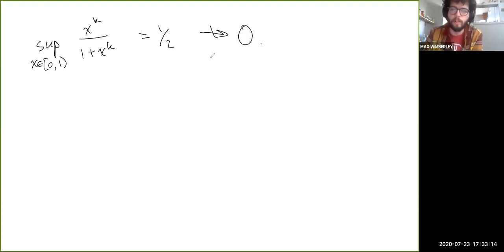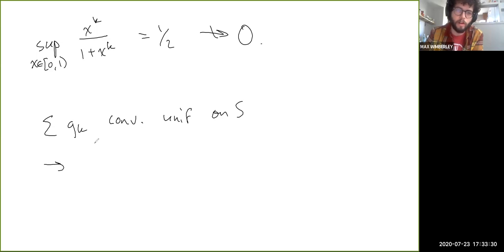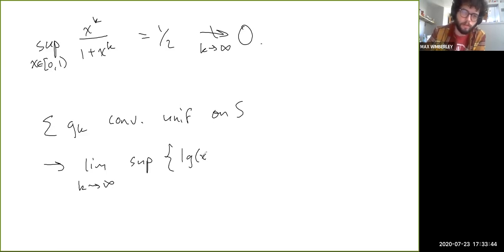That was the very last thing I talked about in the lecture, which was that in order for a series of functions to converge uniformly on a set, that requires that the limit as k goes to infinity of the supremum of the absolute value of gk of x for x in S is 0, right?